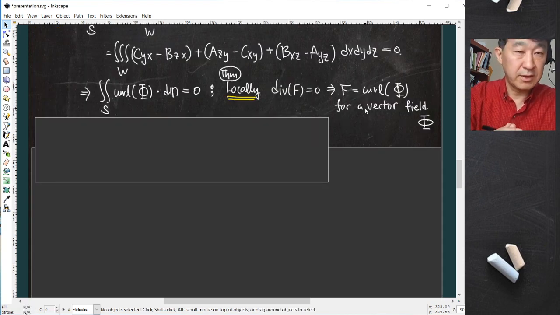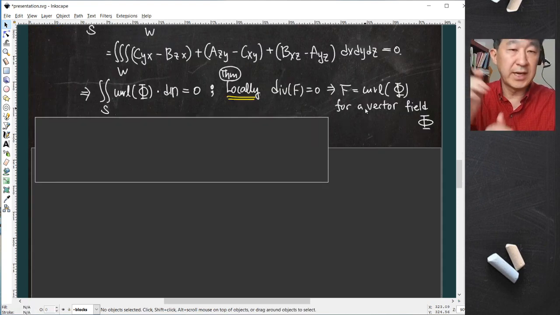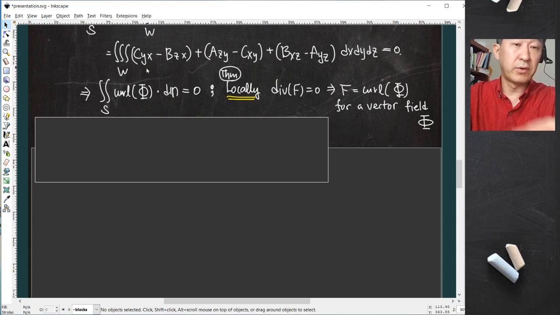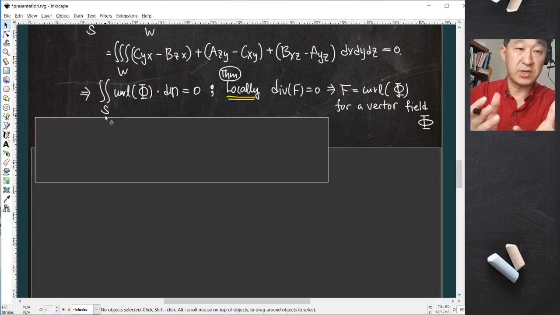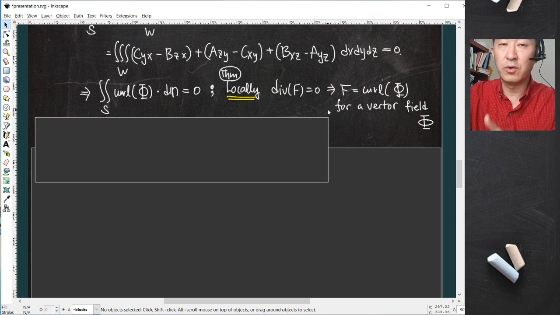So here I wrote it there. I summarize it: if your vector field happened to be a curl of something, then your surface integral is 0. And if your surface integral happened to have this property of always being 0 for all kinds of closed surface, I forgot to write down the quantifier in here, if it happens to be 0, that is locally, that makes the divergence 0, because it's for all closed surfaces.